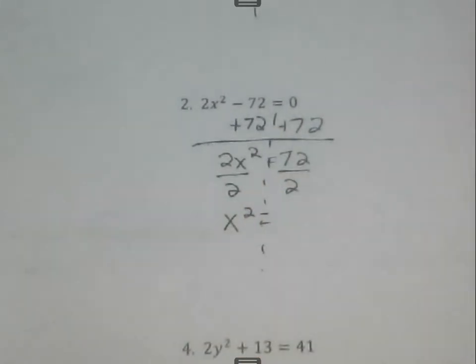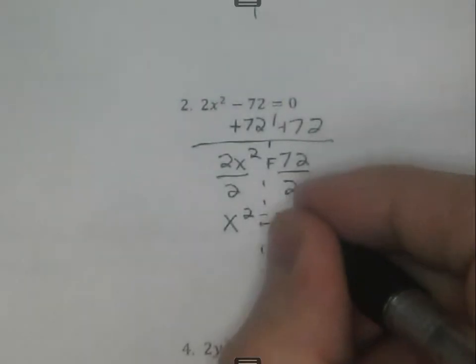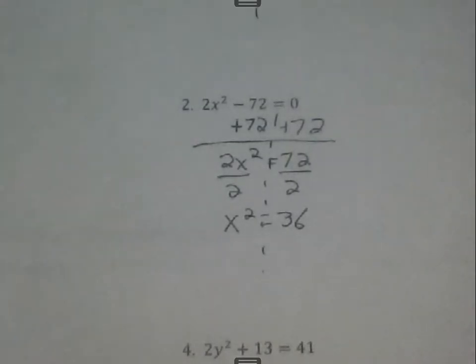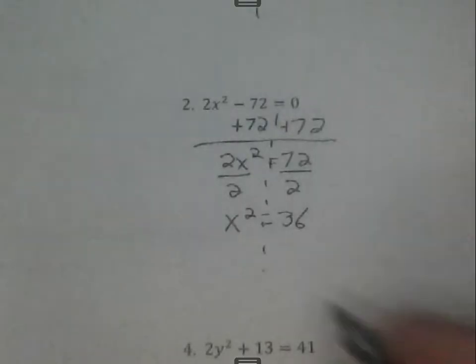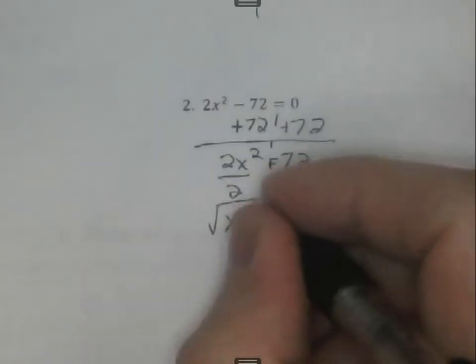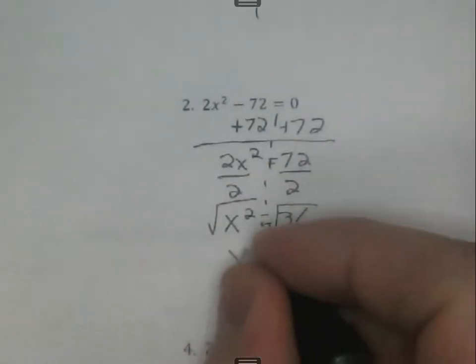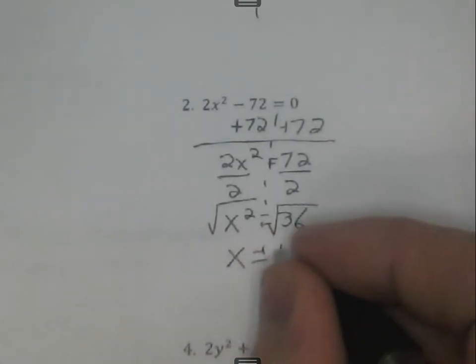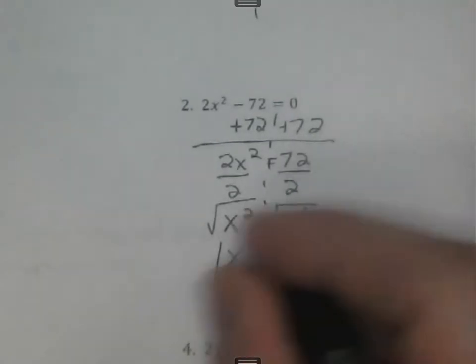So x squared is equal to 36. To get rid of the square, I have to take the square root of both sides, and I get x is equal to plus or minus 6.